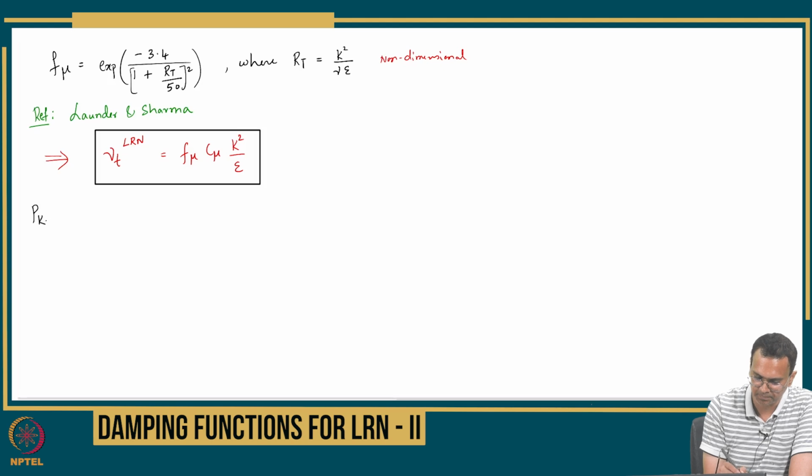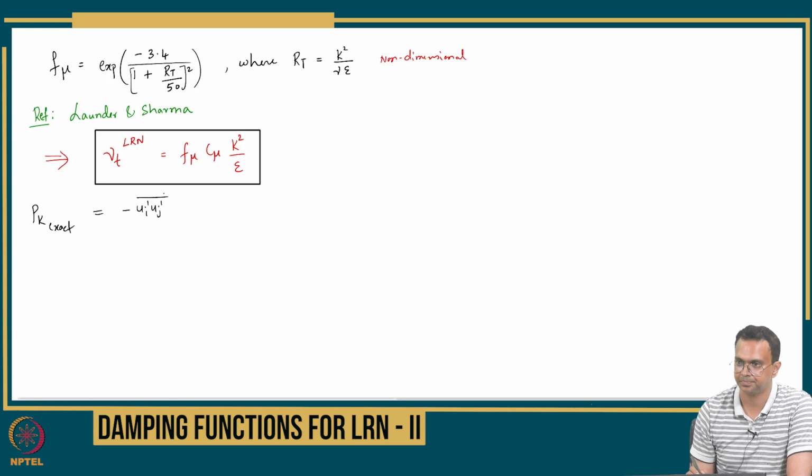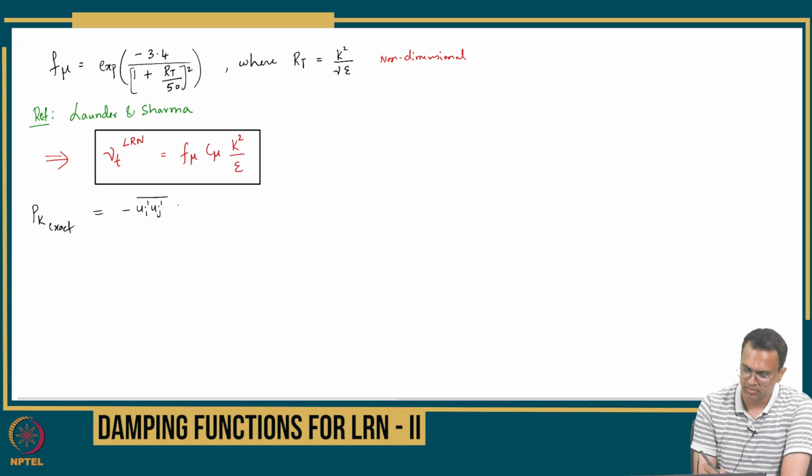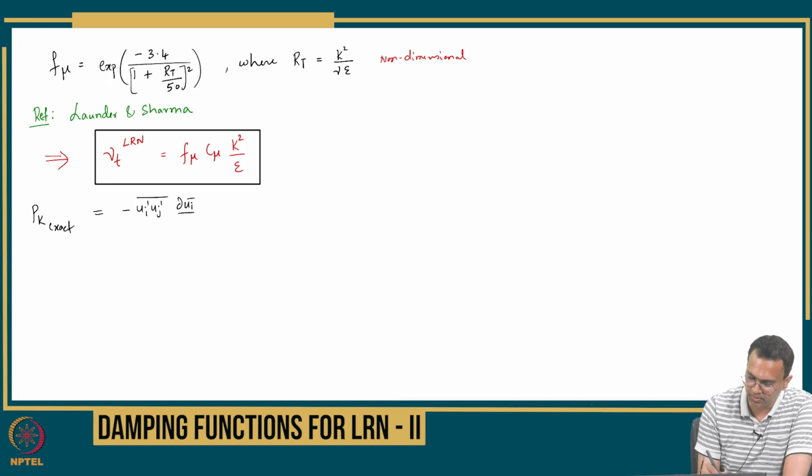So the PK exact is minus ui prime uj prime over bar, and of course this dou ui bar by dou xj term is also appearing, right? So dou ui bar by dou xj.